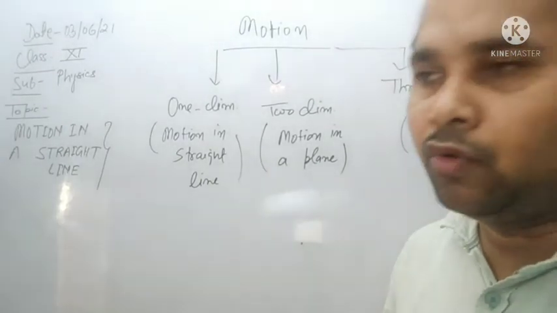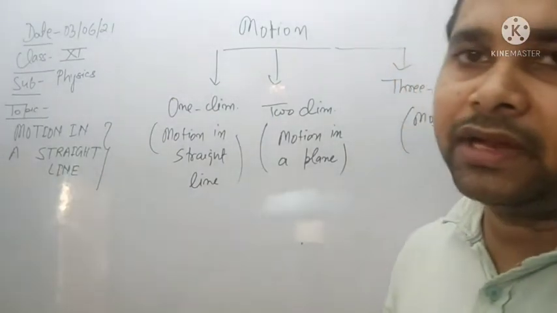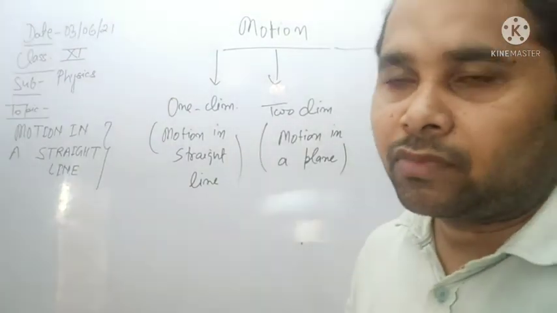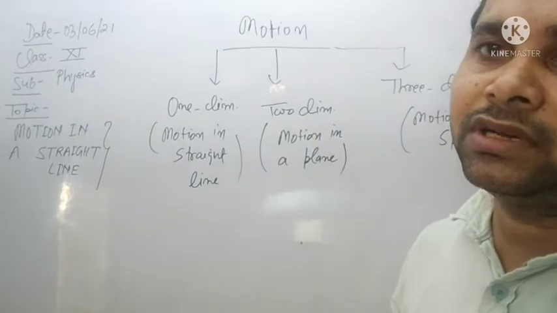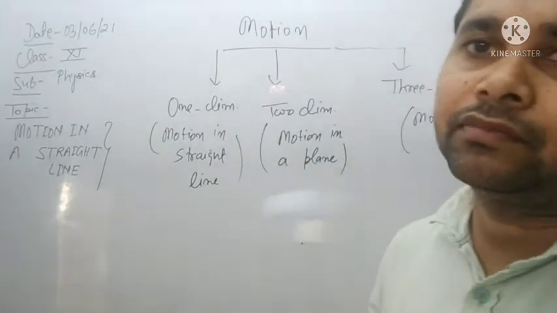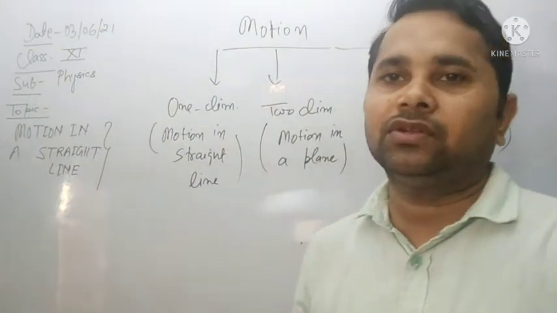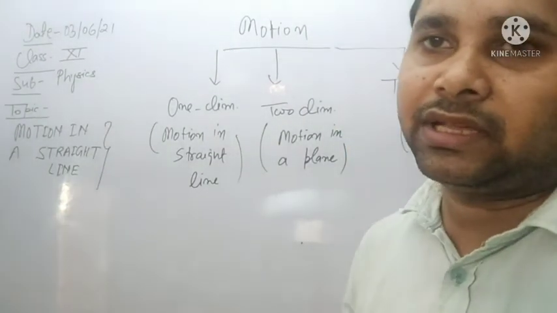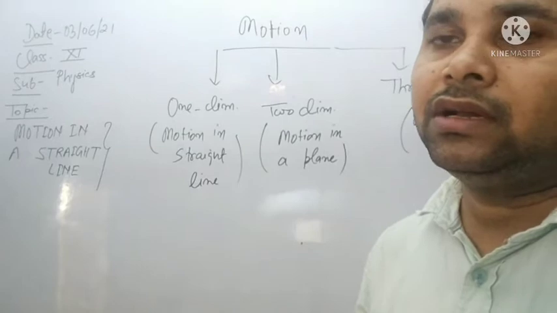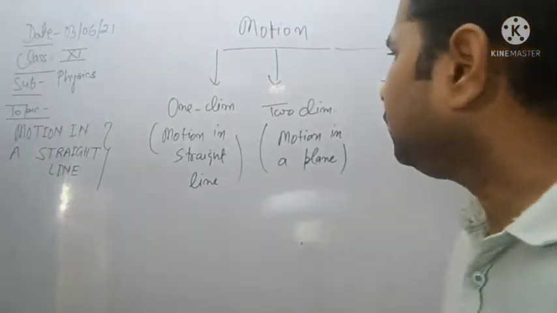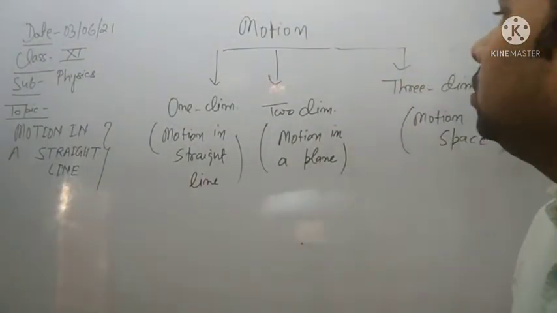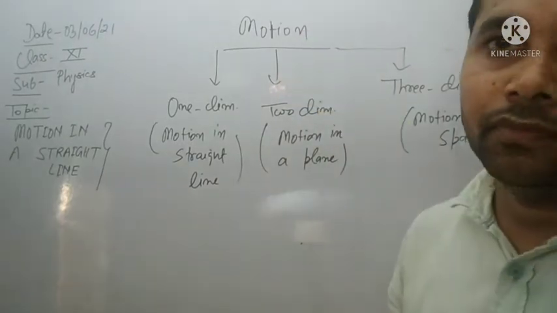For example, a moving train, moving planets, a moving person, a running athlete. Different things in our surroundings are in motion. So this is motion.